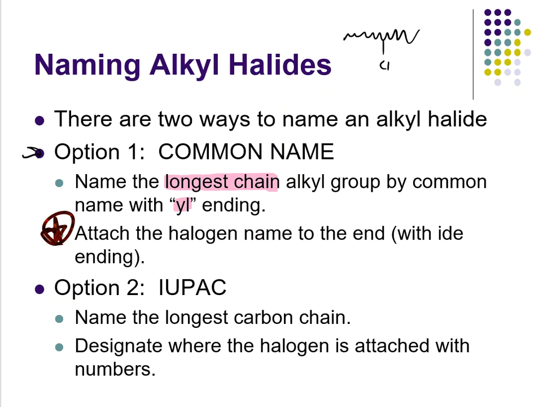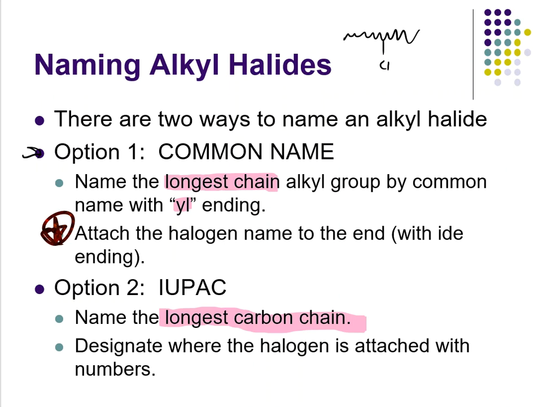Again, you'll see this maybe a little bit clearer when we actually do some example problems with it. Option number 2 is the IUPAC, International Union of Pure and Applied Chemistry. IUPAC basically says, find the longest carbon chain. Go figure, right? That seems to be the case with every single thing that we've done so far.